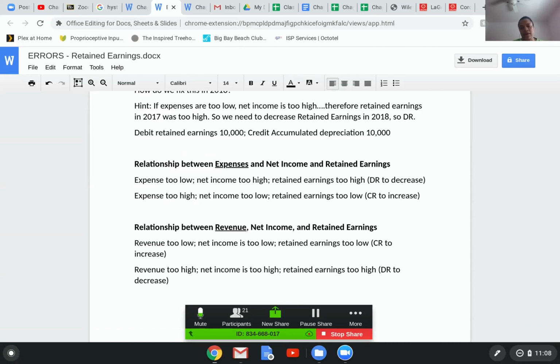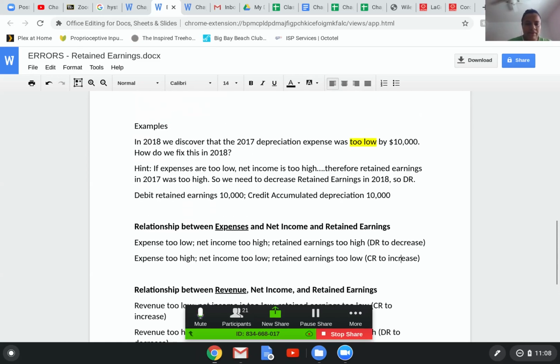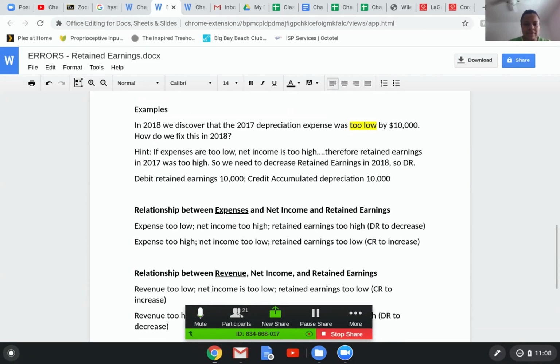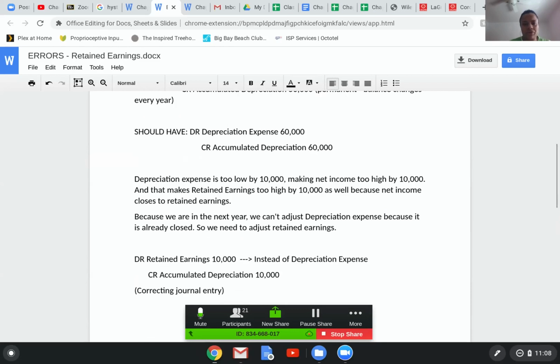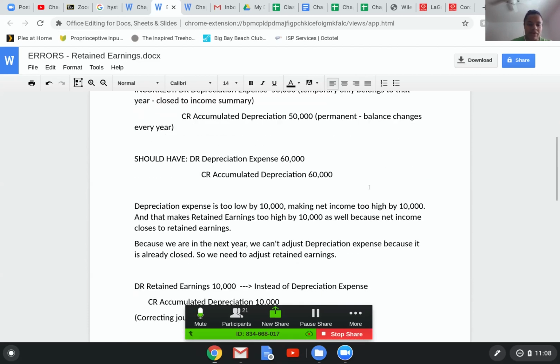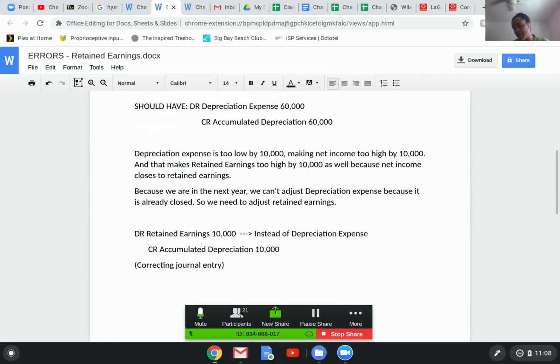You just have to understand these relationships, because the difficulty with an error is that in order to fix it, you have to know what should have happened in the first place, what did happen, what the impact is, and then how to fix it.